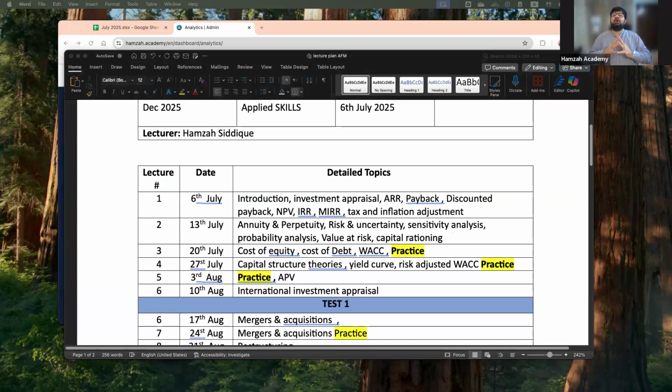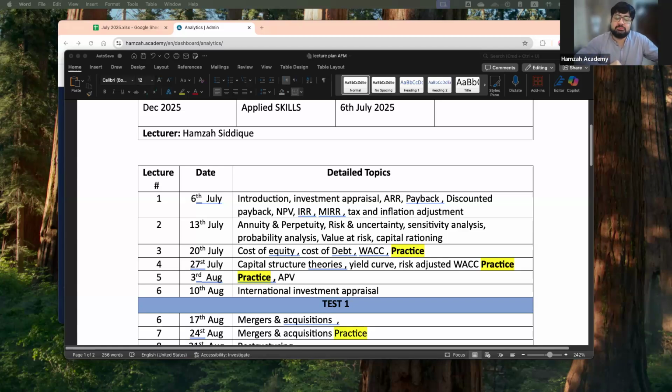Hard capital rationing is when the funds limitation is from external factors which are not in the control of the company. You want to issue shares, but the stock market is not valuing your shares properly.